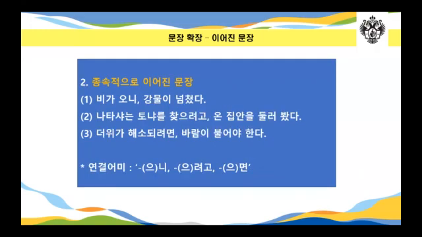And then second, 종속적으로 이어진 문장. Sentence connected as dependents. Let's read together three examples. Number one, 비가 오니 강물이 넘쳤다. Number two, 나타샤는 토니아를 찾으려고 온 집안을 둘러봤다. Number three, 더위가 해소되려면 바람이 불어야 한다.